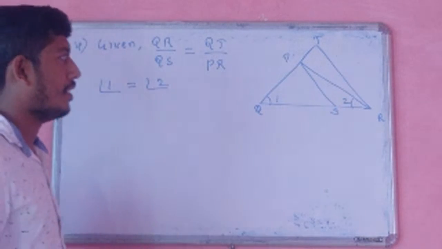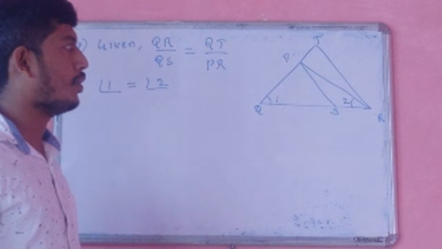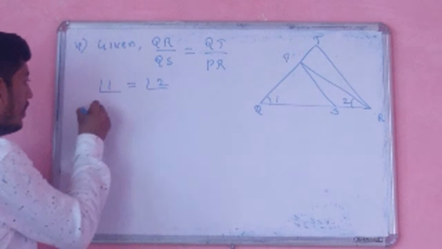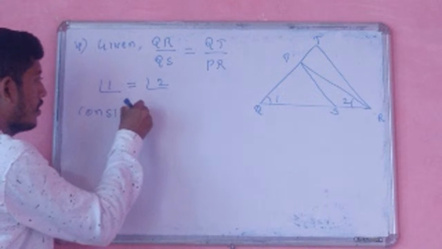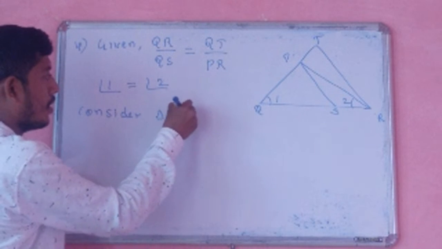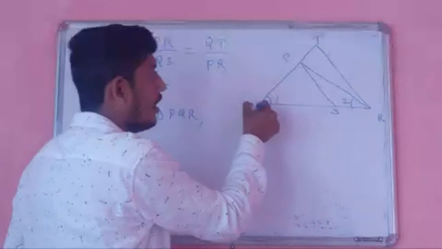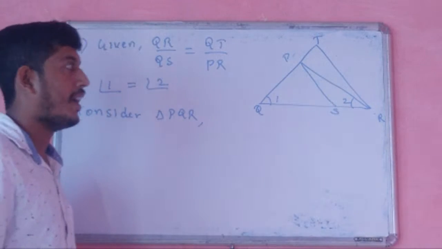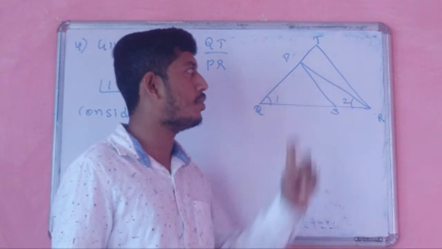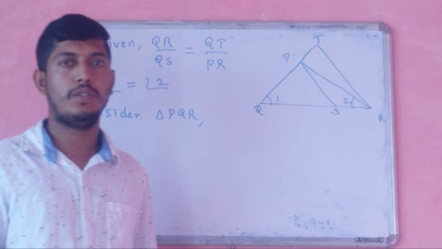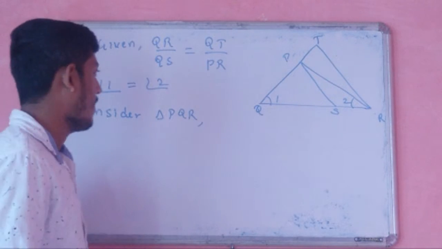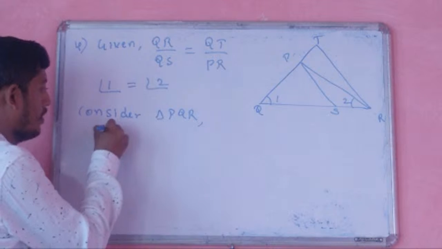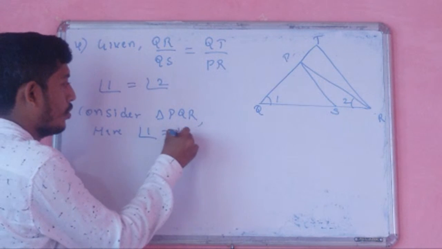So first thing I will consider triangle PQR. Here two angles are given, 1 and 2. They are equal. Here angle 1 equals angle 2.